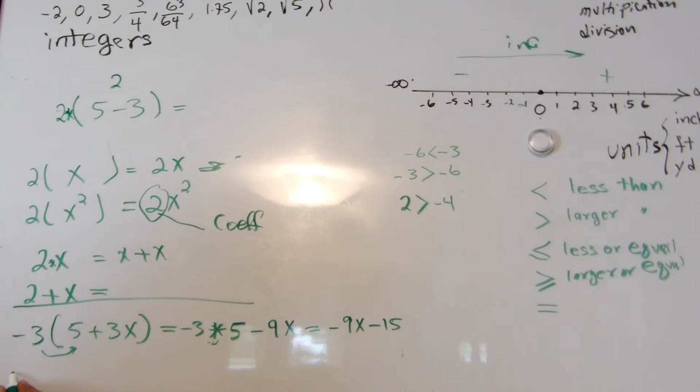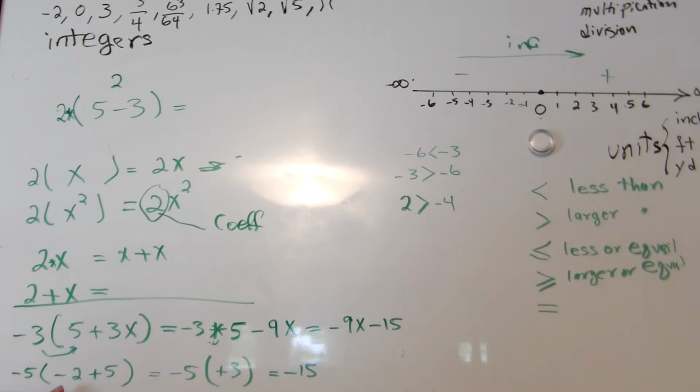How about if you have minus 5 times (minus 2 plus 5)? Either you first find the result inside the parentheses, which is plus 3, so the result is minus 15. First, you find what is inside the parentheses, and then multiply by minus 5.